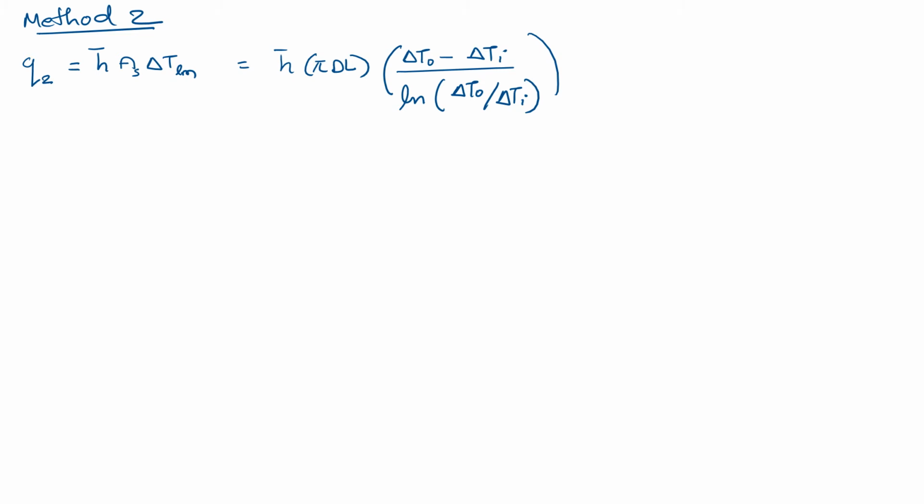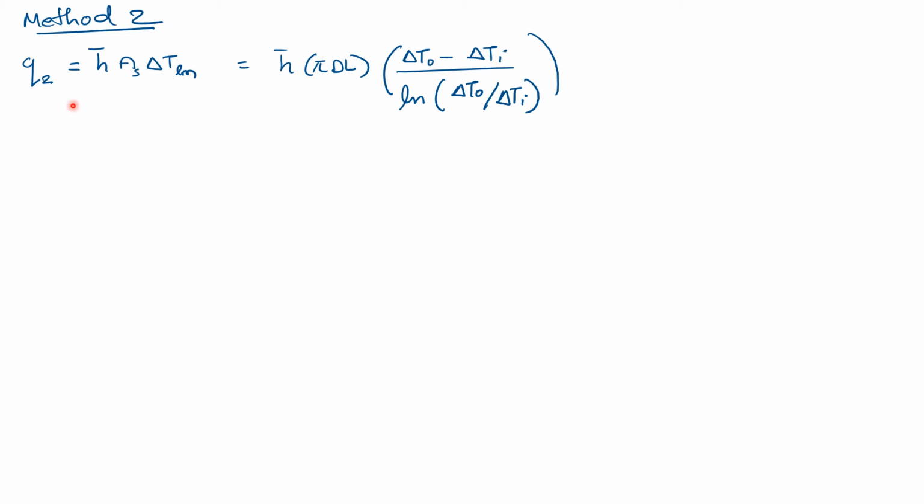Okay. Now let's look at another method. Let's say you're not given a mass flow rate, and you're asked to find the Q, and you're just given a heat transfer coefficient, and you know the surface temperature and the inlet temperature.